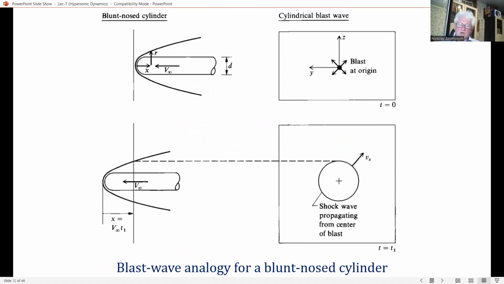The shock wave generated by this energy release is a cylindrical blast wave propagating outward in the radial direction and extending to an infinite extent perpendicular to the page. So, from the preceding argument, we have shown that the nose drag D is equal to the energy release per unit length.